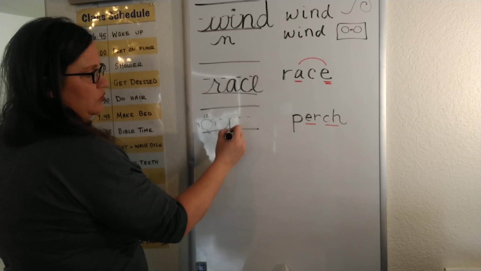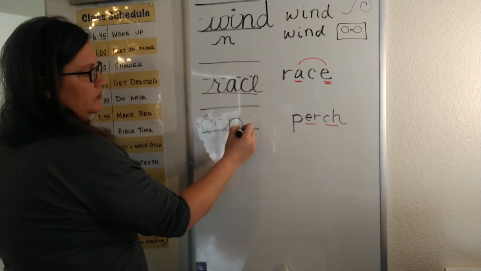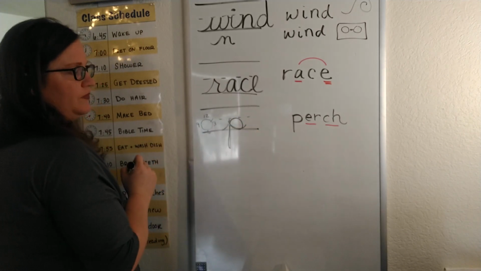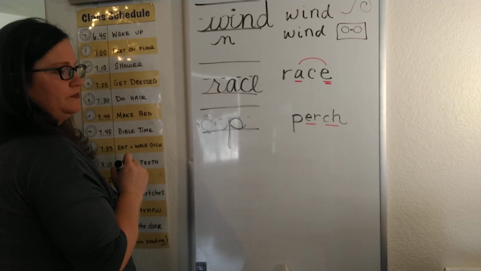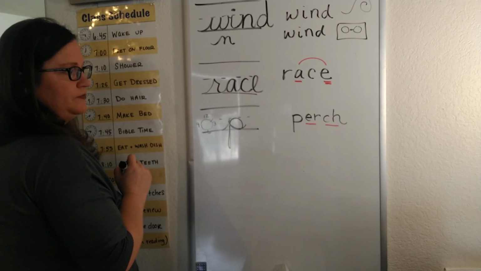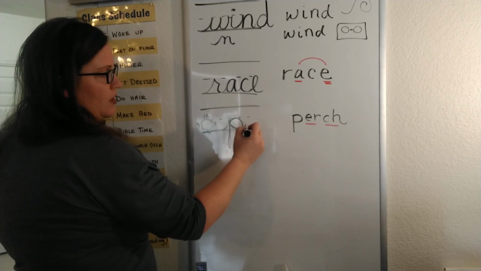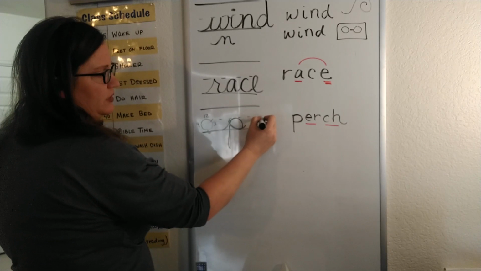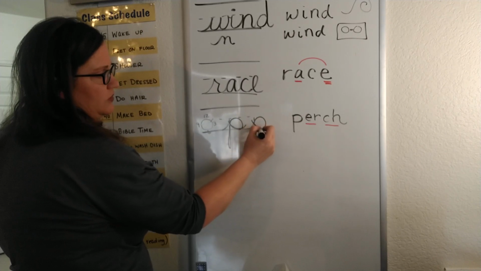Some people do a little loop. Then your clock goes around at 9 o'clock and swings back out. There's your P. Want me to do it again? Up to midline, under the baseline, back around to the clock, stop at 9 o'clock, and swing out.